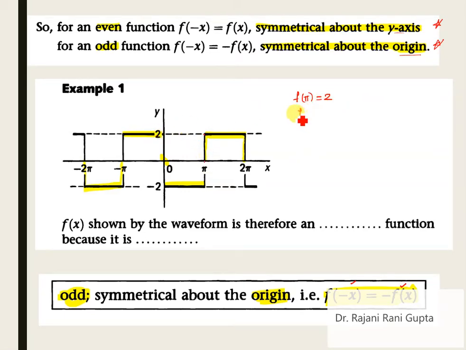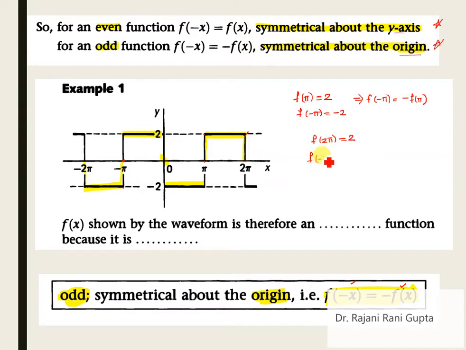What is the value at minus pi? This is the point x equal to minus pi. The value is here, which is minus 2. So here we can say that f of minus pi, which is minus 2, is minus f of pi.